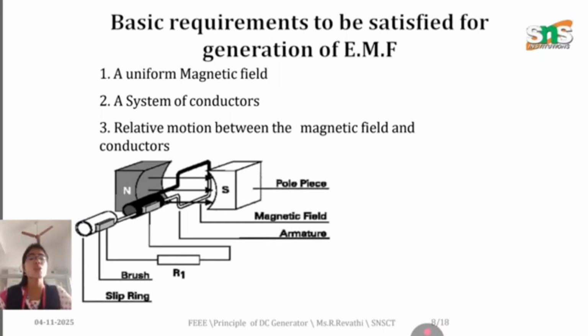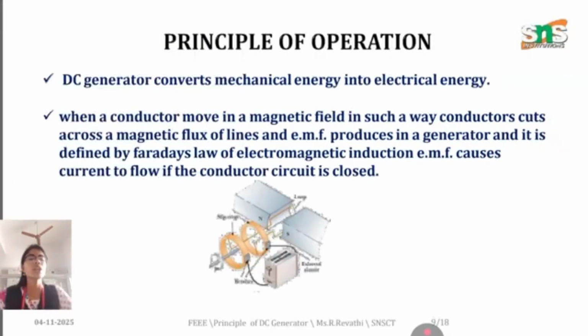Principle of operation: when a conductor moves in a magnetic field so that it cuts across the magnetic lines of flux, an EMF is produced in the generator, as defined by Faraday's law of electromagnetic induction. The EMF causes current to flow if the conductor circuit is closed. The DC generator converts mechanical energy into electrical energy.